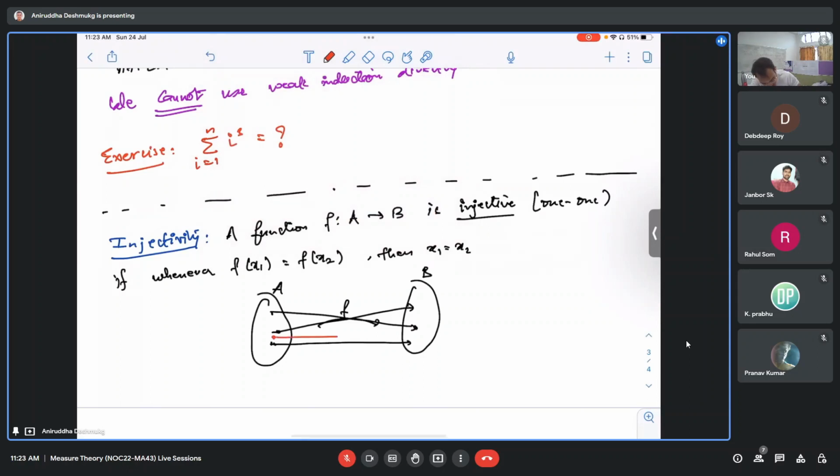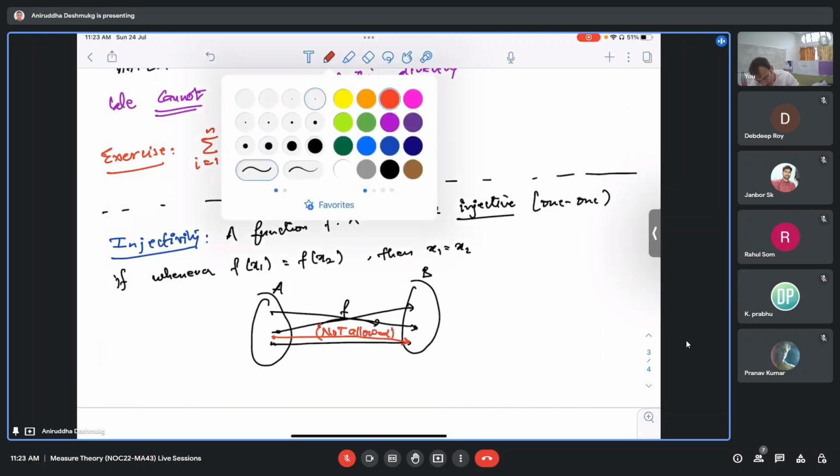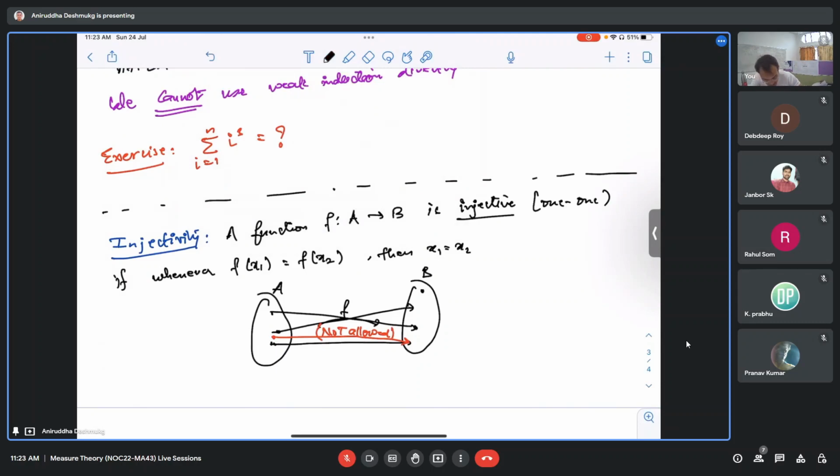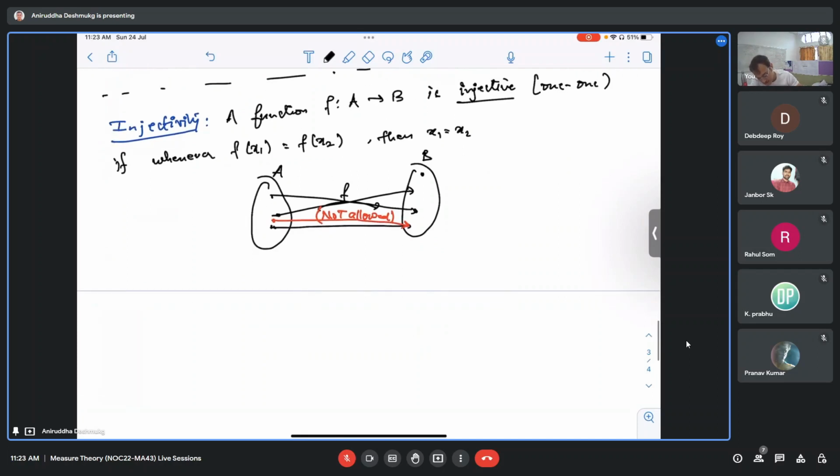So this thing is not allowed if we are to say that the function is injective. But what can happen is there is some point which is not the image of anything. So this is always allowed. The only thing not allowed here is that two different points cannot go to the same image.